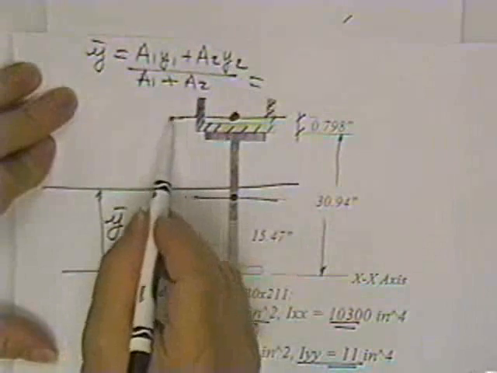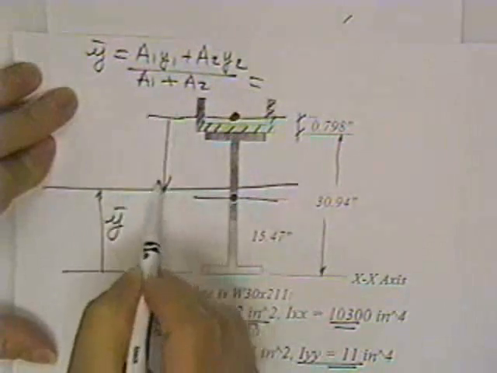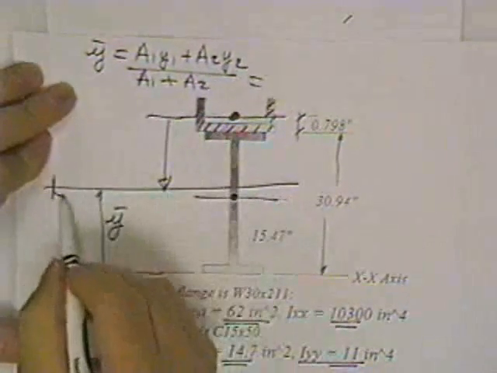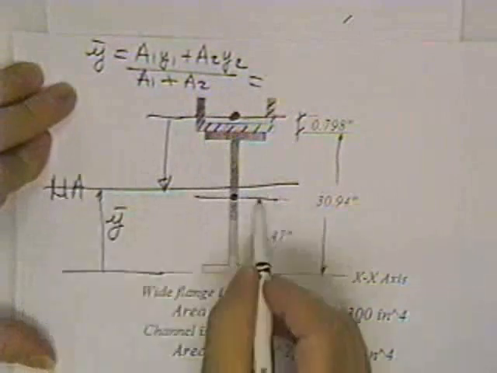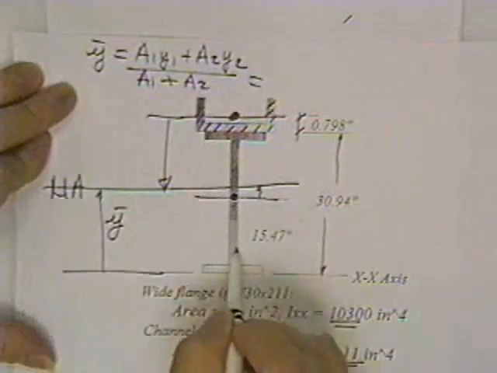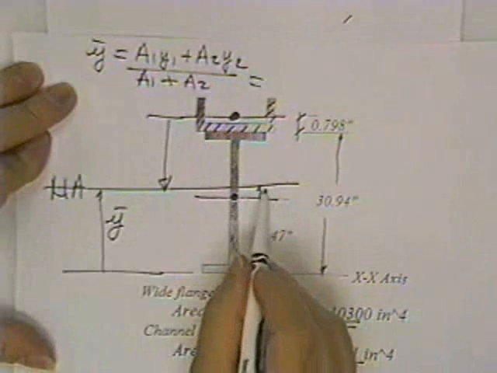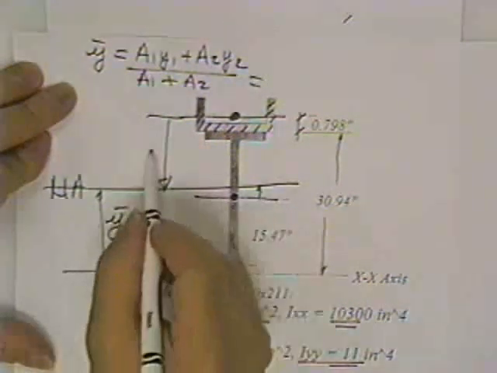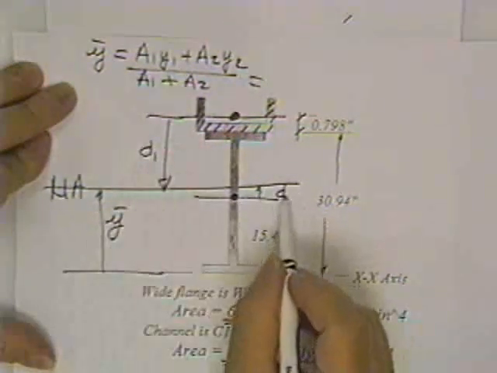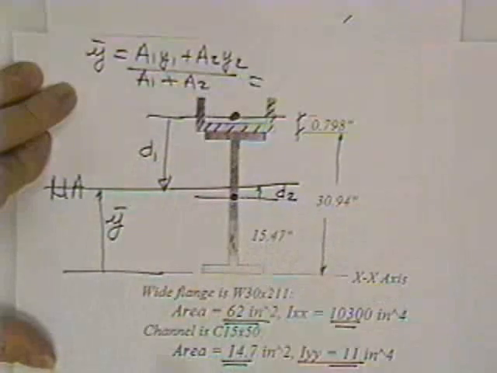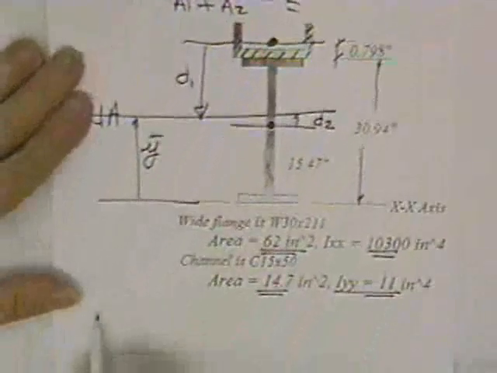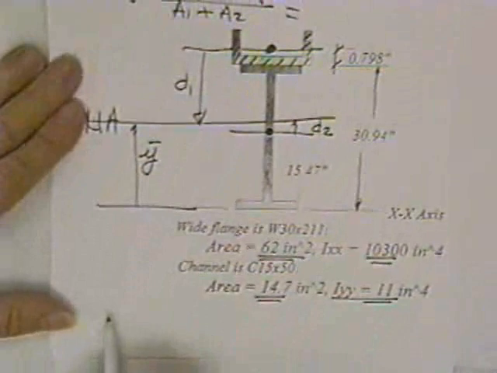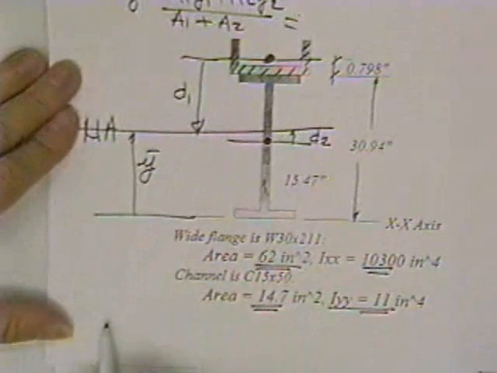Once you know Y bar, you'll be able to find out how far this guy is away from the neutral axis, and how far this guy is away from the neutral axis. This one would be called D1, this one would be called D2, and you simply plug into the same equation. You'll work out 4 moments of inertia.